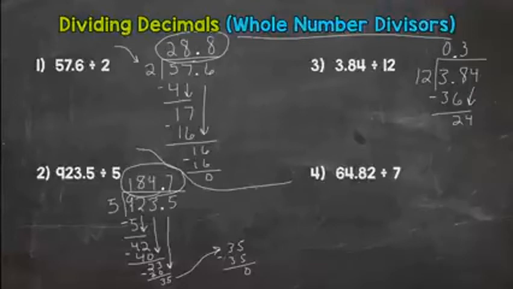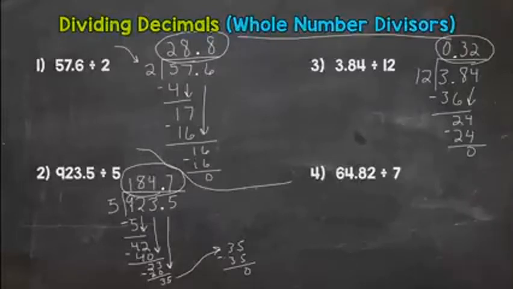Two groups of 12 out of 24. 2 times 12 is 24. You get 0. 32 hundredths. Or, that's going back to the situation before, I'm not sure why you would split $3.84 between 12 people, but if you do, everybody's getting 32 cents.